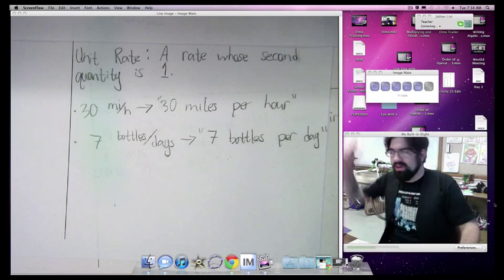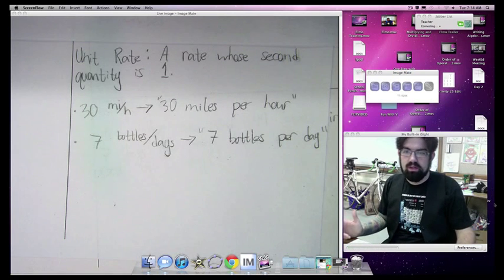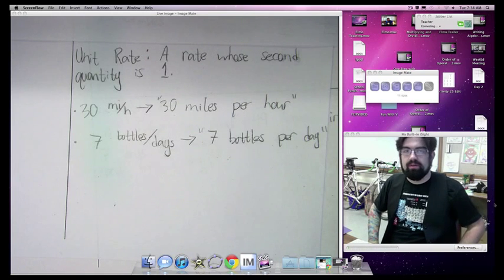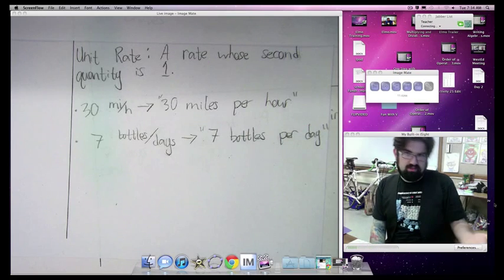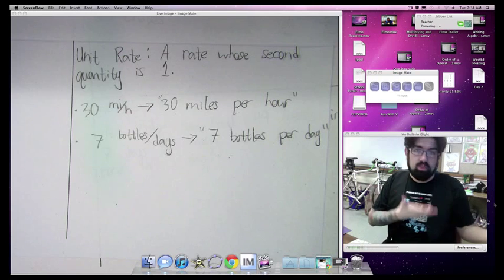Well, you don't actually say I drove 90 miles in 3 hours like you could. But you could also say I was driving 30 miles per hour. Per hour, you don't say per 1 hour, but it's a unit. Unit means 1. I drove 30 miles per hour.